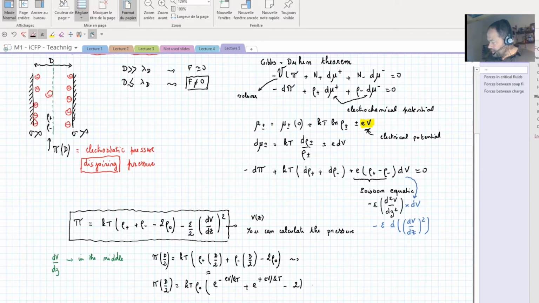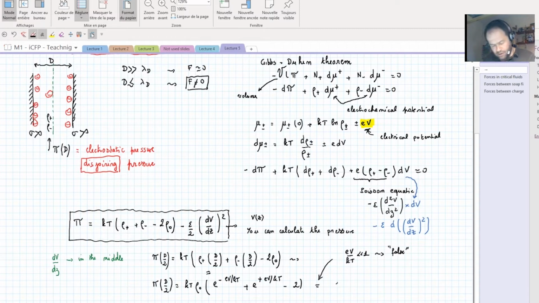Well, here we will make a strong assumption for today: we assume that eV over kT is really small compared to 1, and we have already discussed that it's not completely true. But if we do that, we can make a development of this expression, and we go up to the second term.